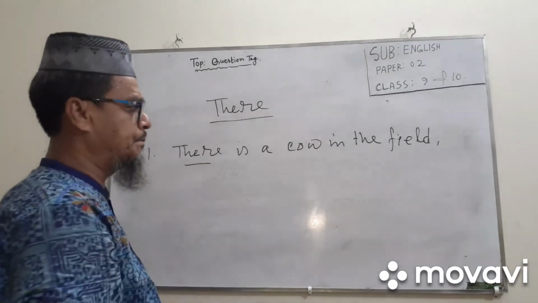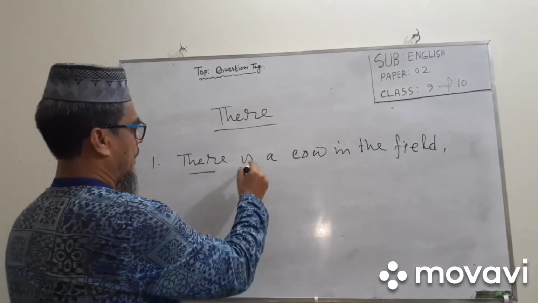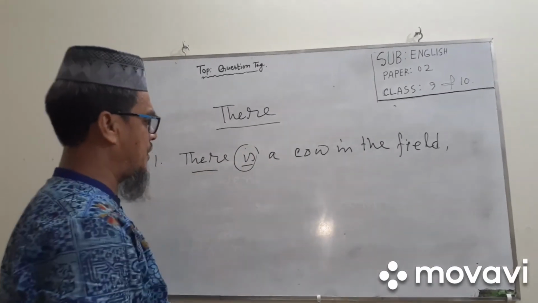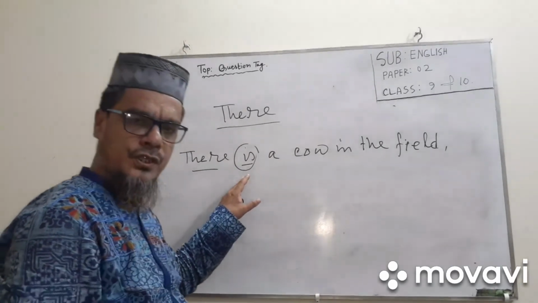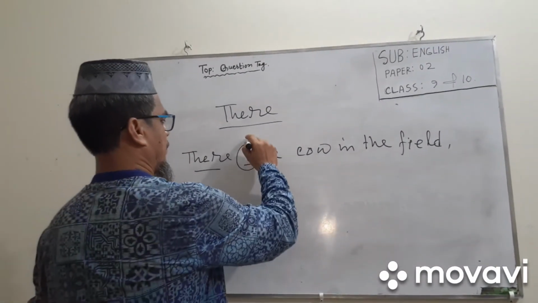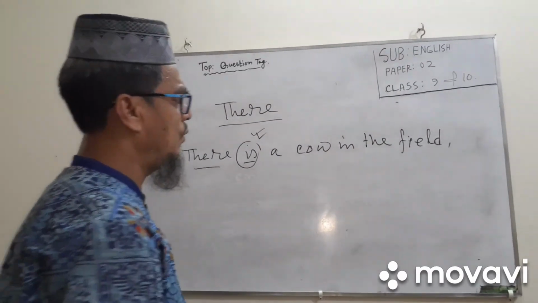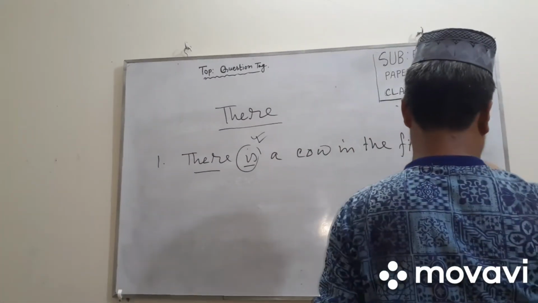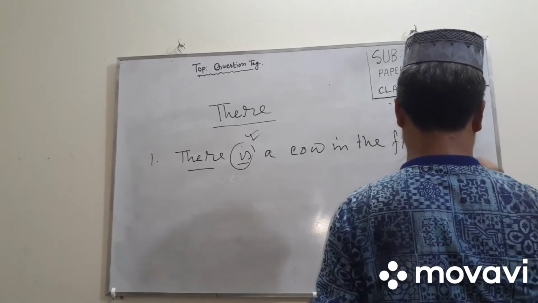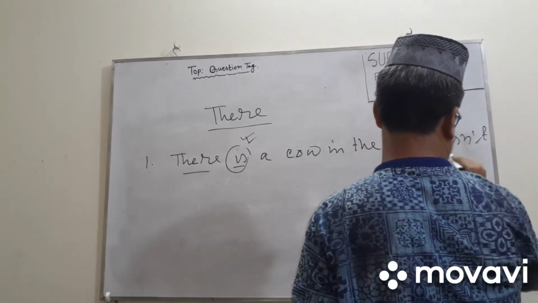Introductory there is. Here an operator must be set according to the operator. You are to use isn't there.